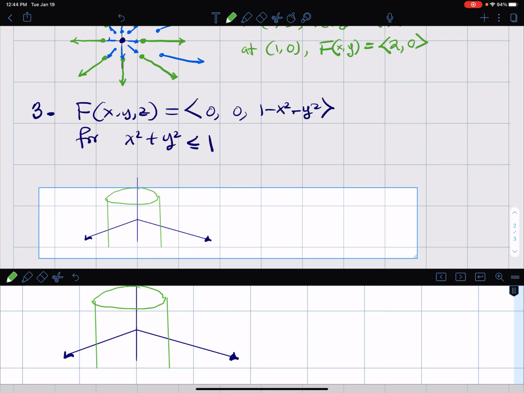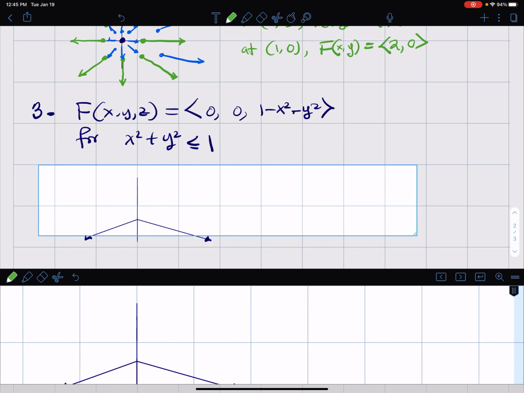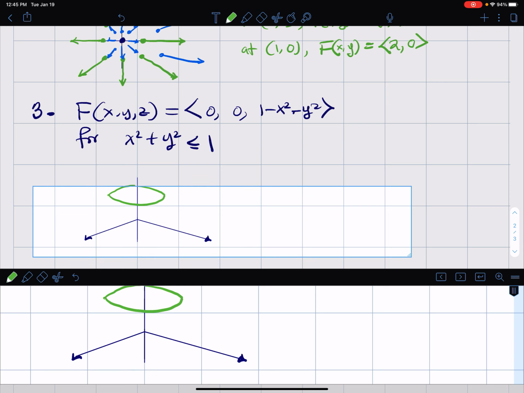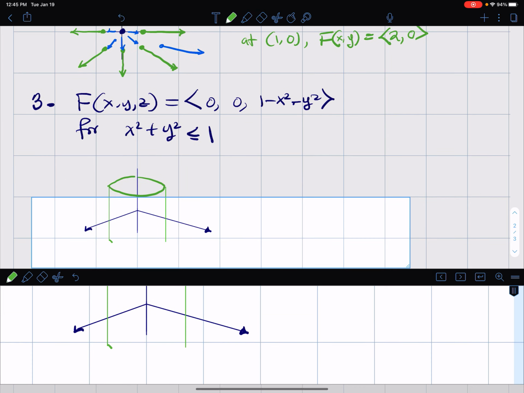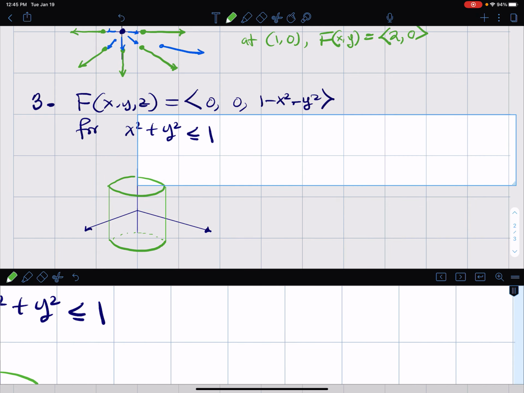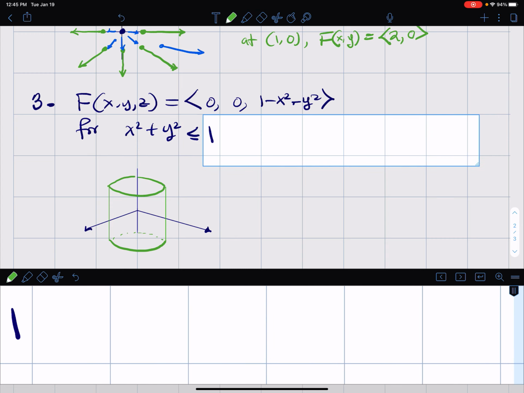Okay, not quite. Let me make it more centered at the z-axis. Okay, so let's pick a few points. There's infinitely many points to pick here, but we can be a little bit wiser when we're doing this.